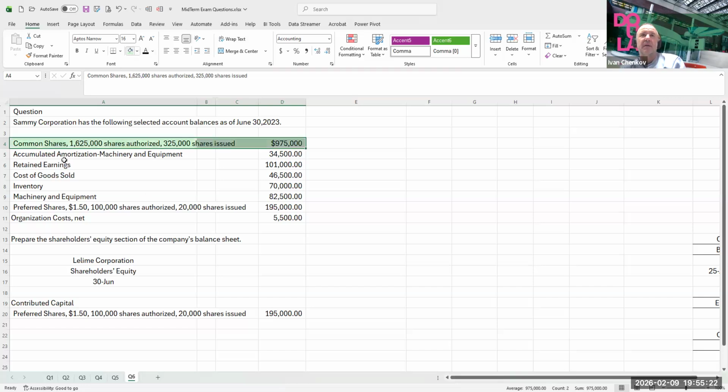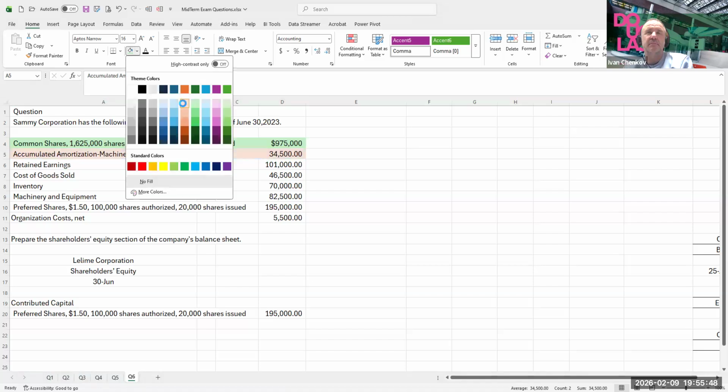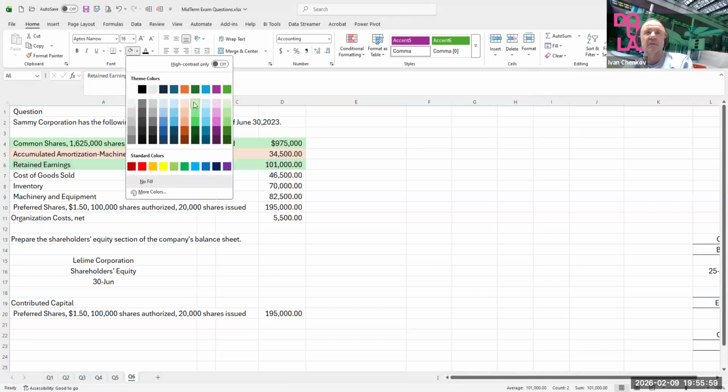Let's mark it green. Accumulated amortization, machinery and equipment, is this part of the shareholders' equity section? No. Okay, so this one is red. Retained earnings, is this part of the shareholders' equity? You must say yes. Let's mark it yes.